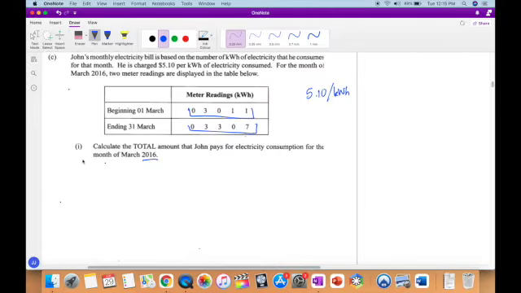So the total kilowatt hours that he used during the month of March would have been 3307 minus 3011, and that gives us 297 kilowatt hours.